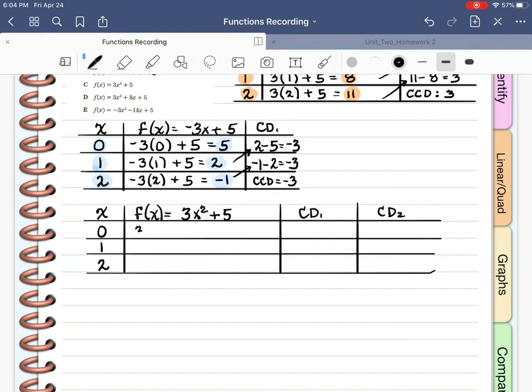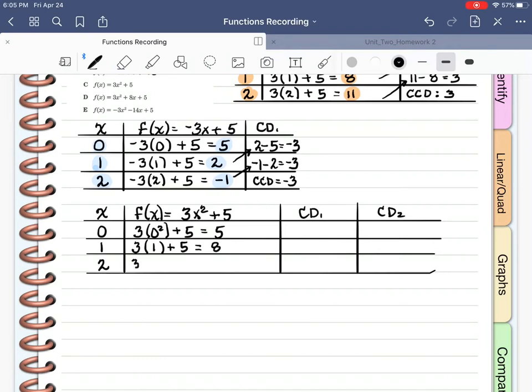So 3 times 0 squared plus 5 is 5. That y-intercept is not going to change in any of them. Alright, so 3 times 1 squared plus 5 is 8.